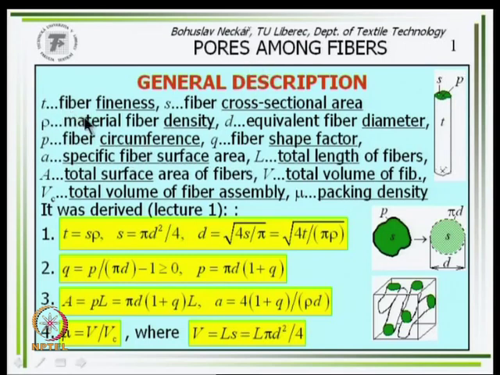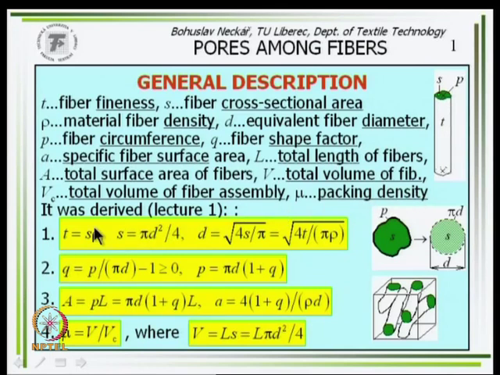We use symbols T for fiber fineness, S fiber cross-sectional area, ρ material fiber density, D equivalent fiber diameter, P fiber circumference, Q fiber shape factor, A specific fiber surface area, capital L total length of fibers in our fiber assembly, A total surface area of fibers, V total volume of fibers, VC total volume of fiber assembly, and mu packing density.